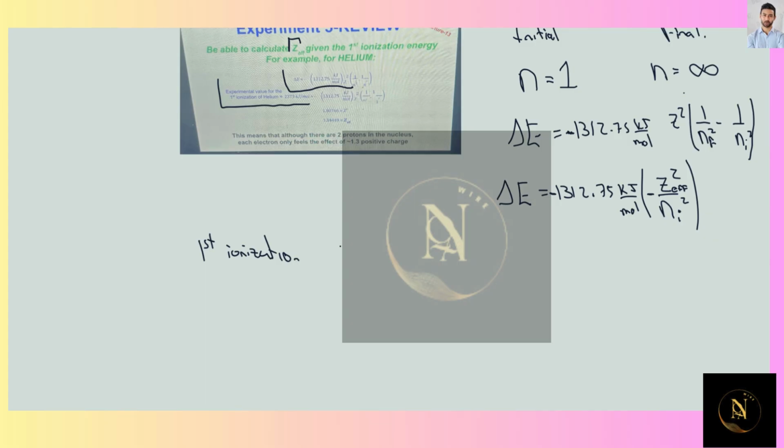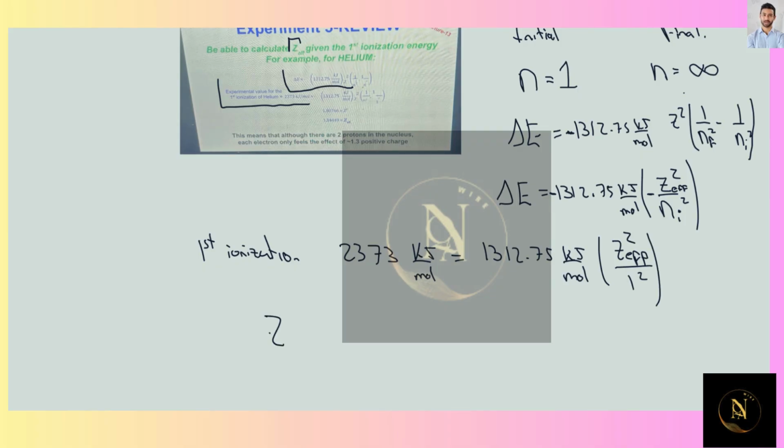So for us, in this case, we're given that the first ionization energy is going to be equal to 2,373 kilojoules per mole, if I look at it correctly. And this should be equal to 1,312.75 kilojoules per mole multiplied by Z effective squared over 1 squared.